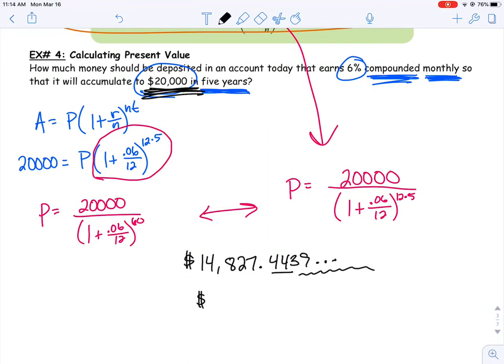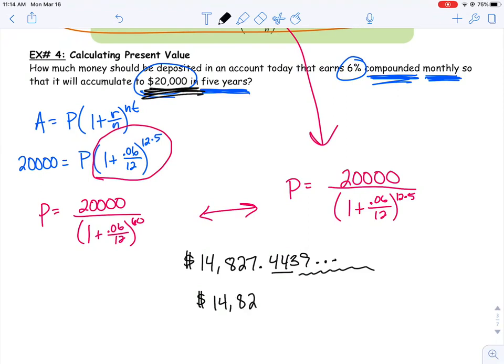But because there's this extra stuff back here, if I cut it off too early and cut it off at 44, and I put it in the account for 5 years, I might not have enough. I might not have exactly $20,000. I might be a penny short. And if I'm a penny short, then I really don't have $20,000. So this is one of the examples that we have to round up when we normally wouldn't, to make sure that we actually have enough money in the end.